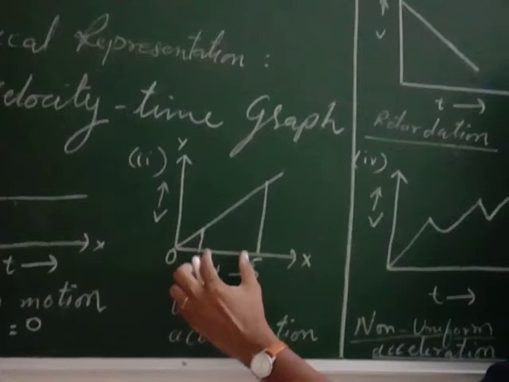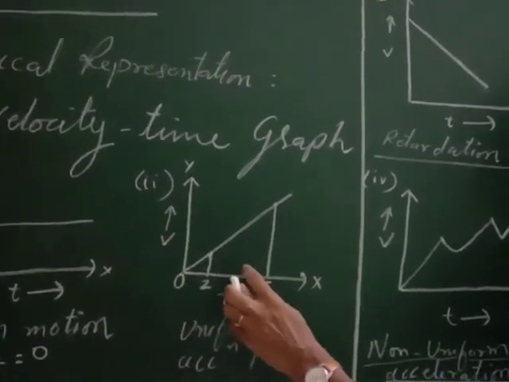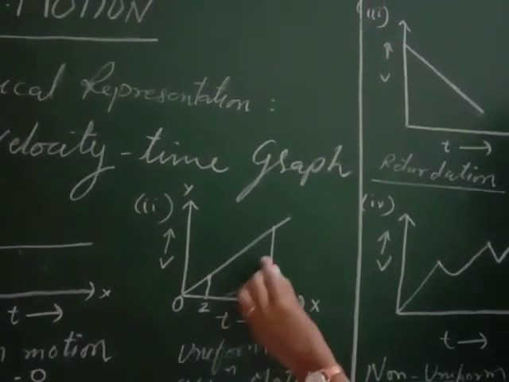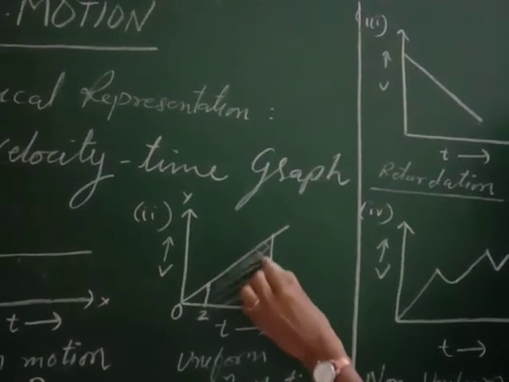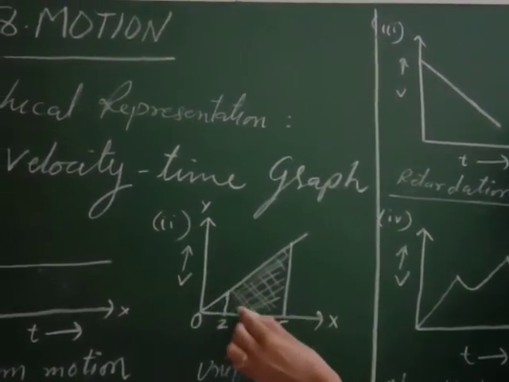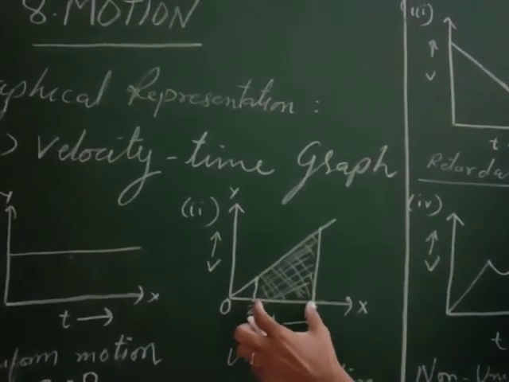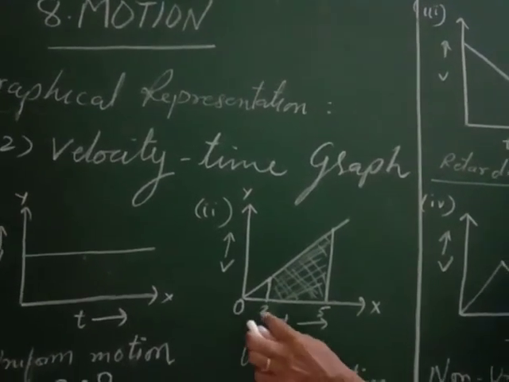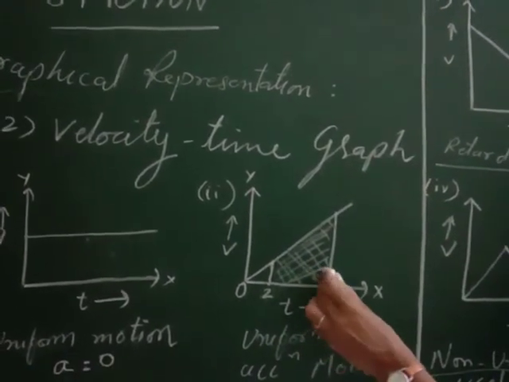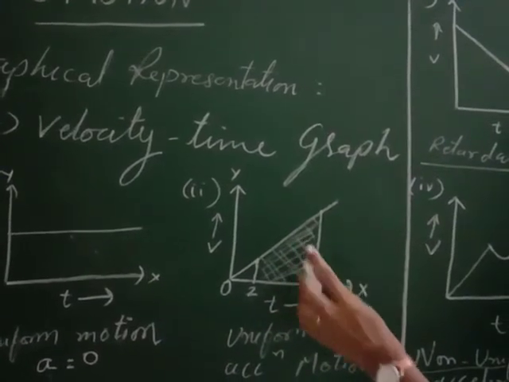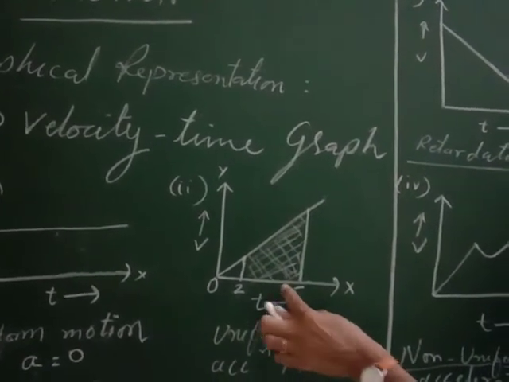So within 3 hours, how much distance is traveled by this object? So I will find this area. If we find this area, we will get the distance traveled by the object from time 2 to 5. We will discuss this type of equations and questions next time.